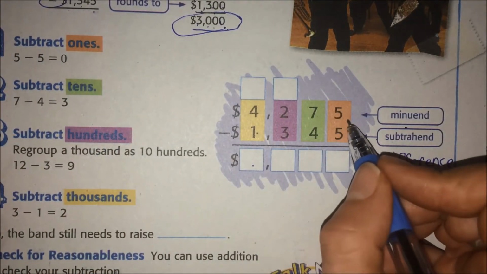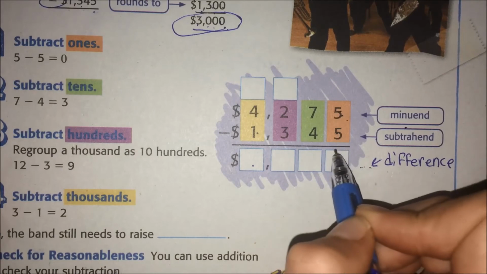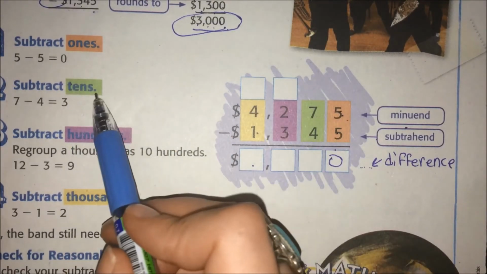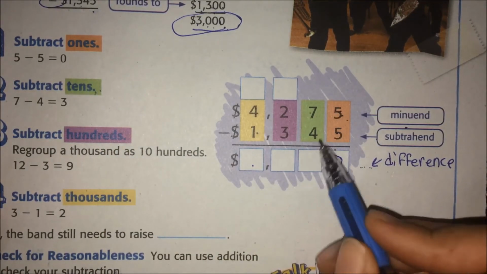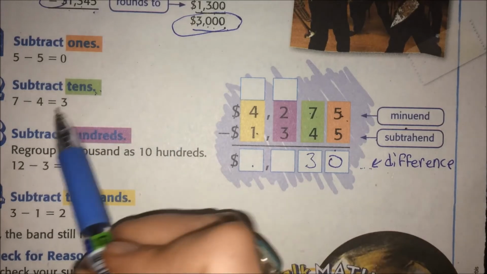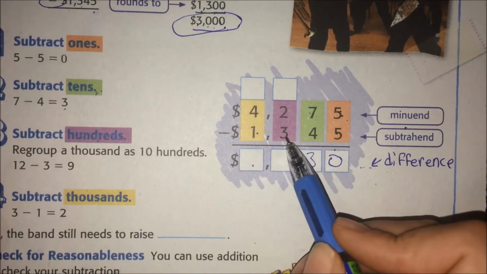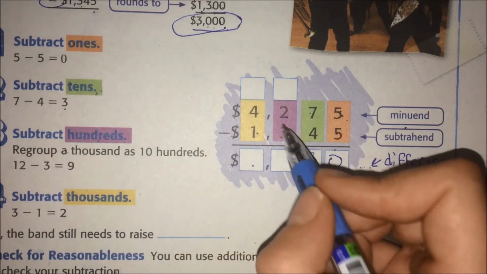Okay, first step. Subtract the ones place. 5 minus 5 equals 0. Now we need to subtract the tens place. 7 minus 4 equals 3. Now subtract the hundreds. 2 minus 3. Okay, so we can't do it. So this is when we need to regroup. We need to borrow.